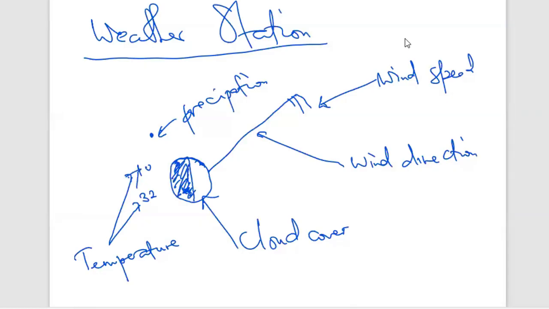When you're talking of cloud cover for this weather station, we can see that half of the sky has cloud cover. So in terms of octas, that will be 4 octas, or 4/8 of the sky which is covered, which we translate down to 1/2 of the sky being under cloud cover.